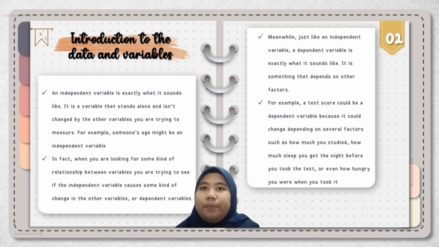For example, a test score could be a dependent variable because it could change depending on several factors such as how much you study, how much you sleep, or even how hungry you were when you took it. Usually, when you are looking for a relationship between two things, you are trying to find out what makes the dependent variable change the way it does.